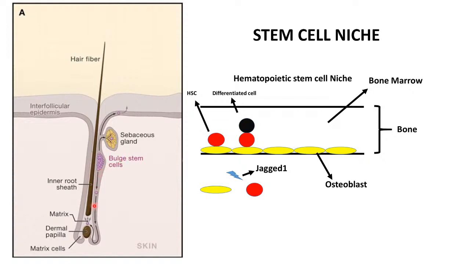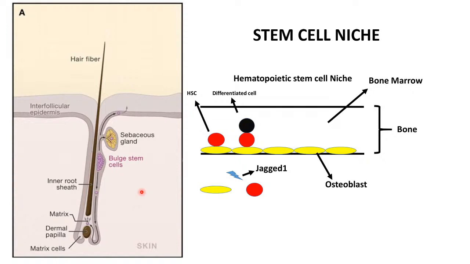Now, if they go downwards towards the root, then they start giving new cells of hair. If they go in this direction, by leaving their niche, they start making the sebaceous gland. And if they go upwards, they start giving other types of cells. The same cell is giving you different types of cells depending upon their external environment.